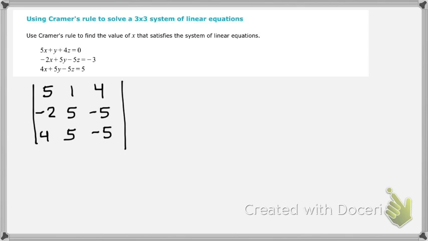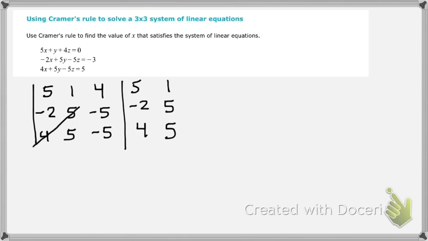And I'm going to find the determinant of this matrix. So for a 3x3 matrix, I have this special method where I rewrite the first two columns, double check that I've copied those correctly, and then I find the diagonal products.